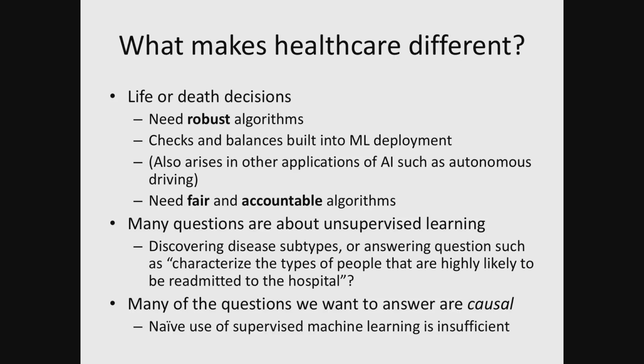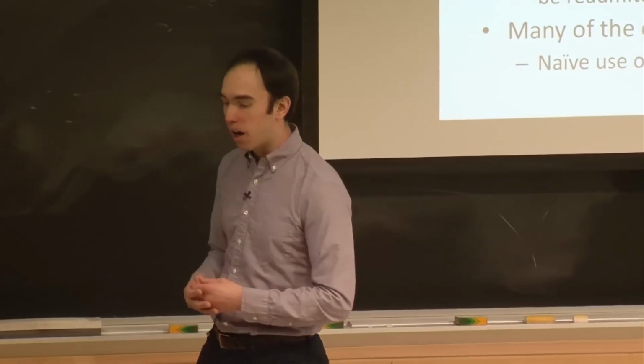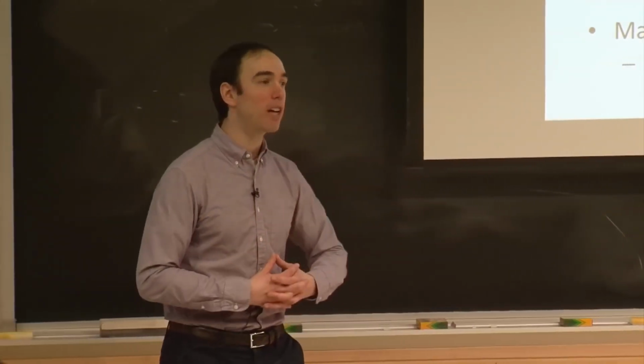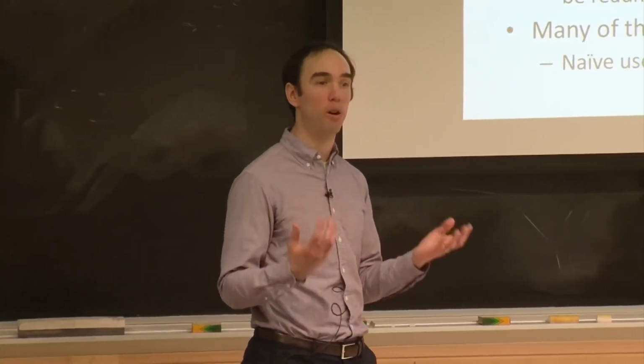And so unsupervised learning algorithms are going to be really important for what we do. And finally, I already mentioned how many of the questions we want to answer are causal in nature, particularly when you want to think about treatment strategies. And so we'll have 2 lectures on causal inference, and we'll have 2 lectures on reinforcement learning, which is increasingly being used to learn treatment policies in healthcare.